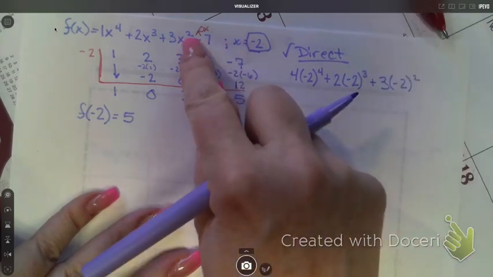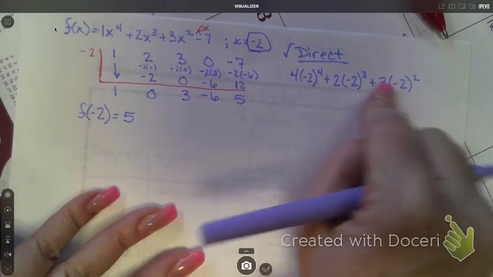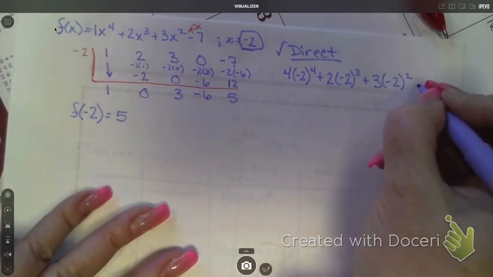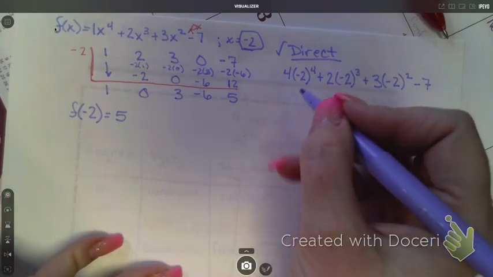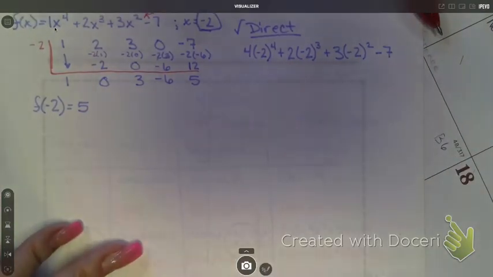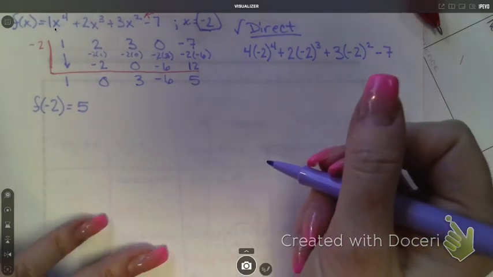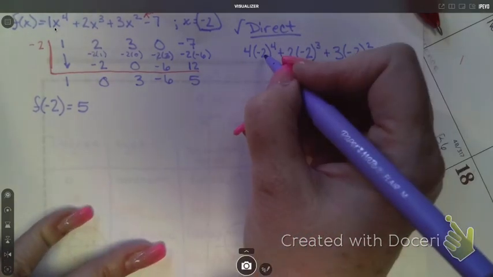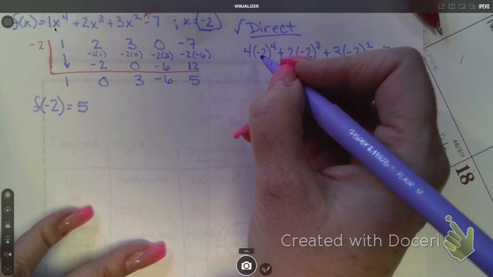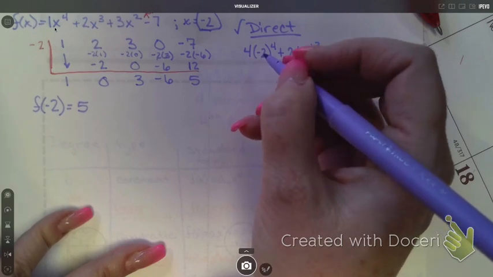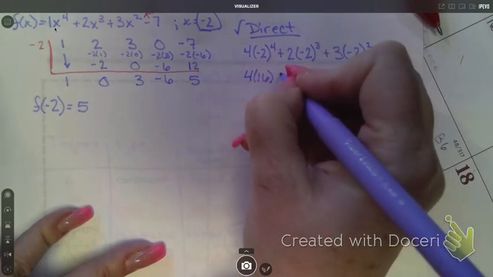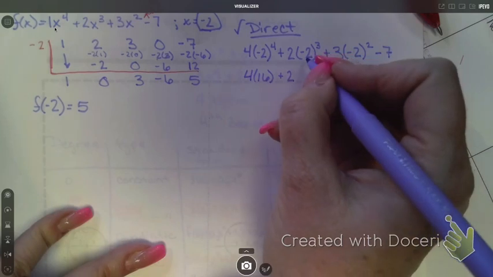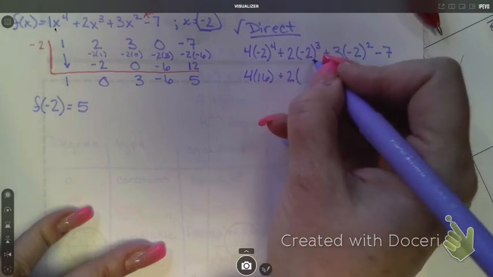Do we have to put the 0x in for this one? No. When we have -2, it won't be too bad, but what if that was a 5 or an 18? Would that be really bad? Yeah. Okay, so -2 times -2 is 4, and 4 times 4 is 16. So I have 4 times 16 plus 2 times 2 times 2 times 2.